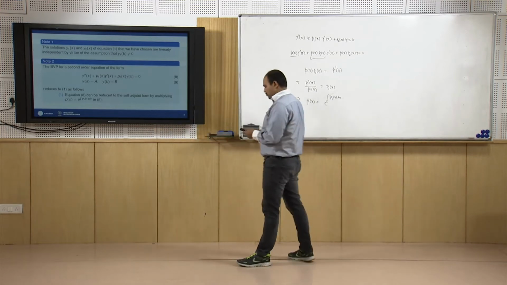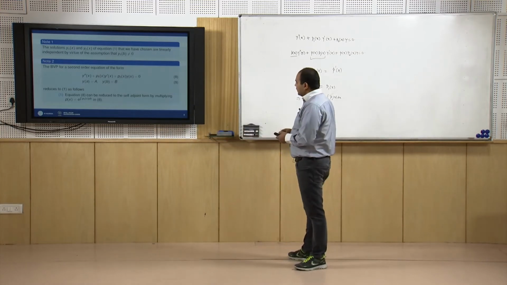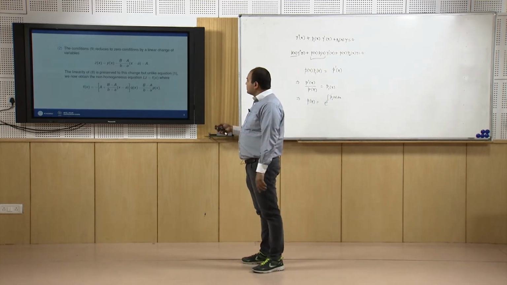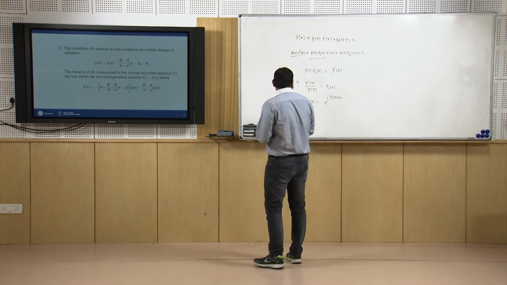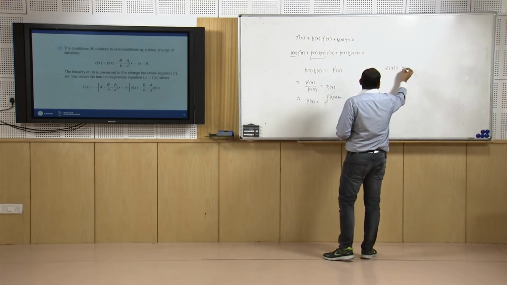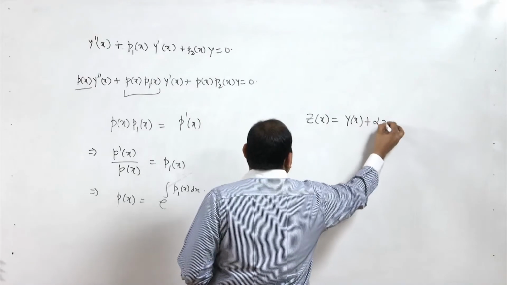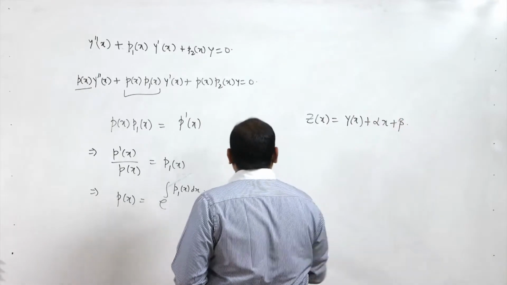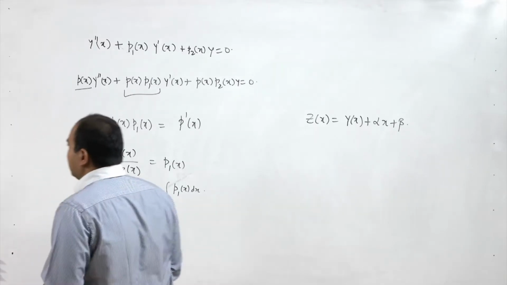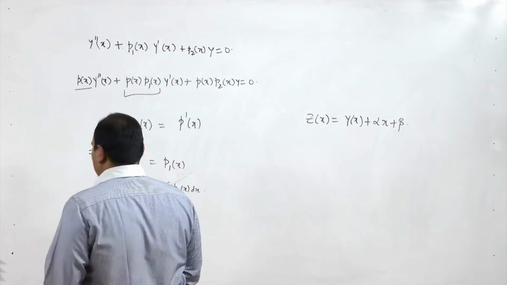So we simply take the transform z(x) = y(x) + alpha x + beta. Now we choose alpha and beta in a way such that this condition is transformed to a homogeneous condition.